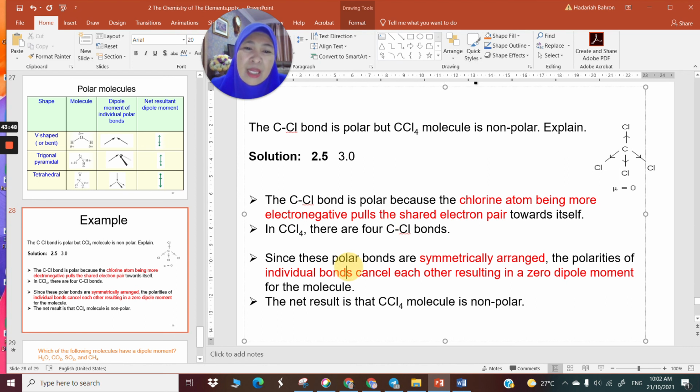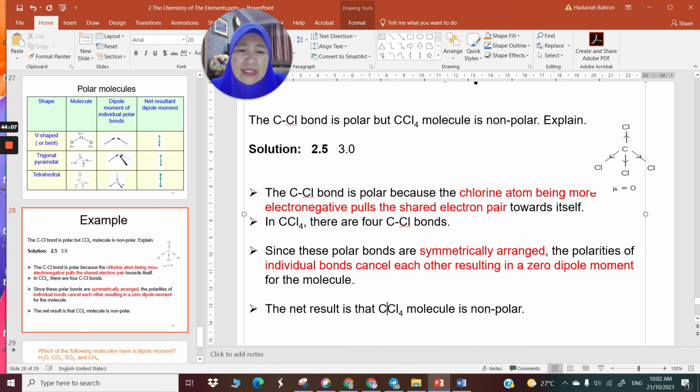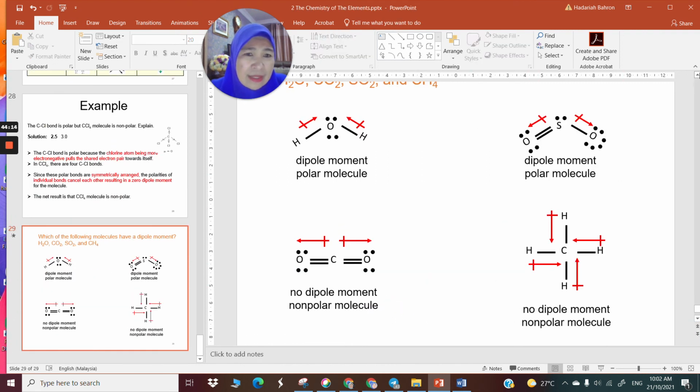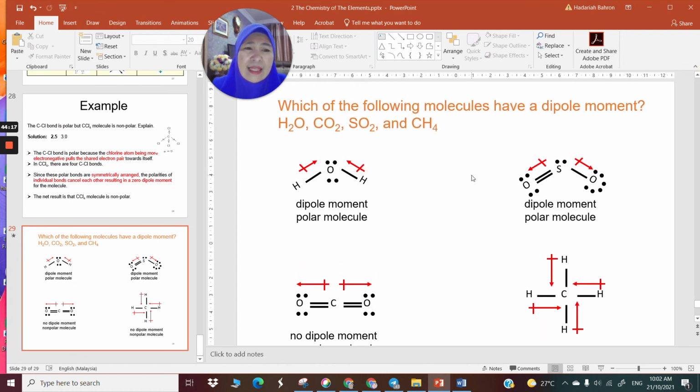Since these polar bonds are symmetrically arranged, yeah, this is important, they are symmetrically arranged. The polarities of individual bonds cancel each other, resulting in zero dipole moment for the molecule. So the net result is that your CCl4 molecule is non-polar, because it's totally cancelled. But looking at this, you can see that some of these are polar, some of these are non-polar.